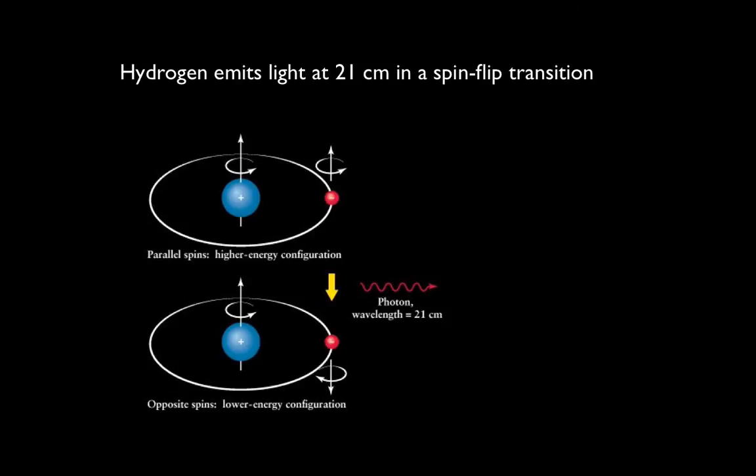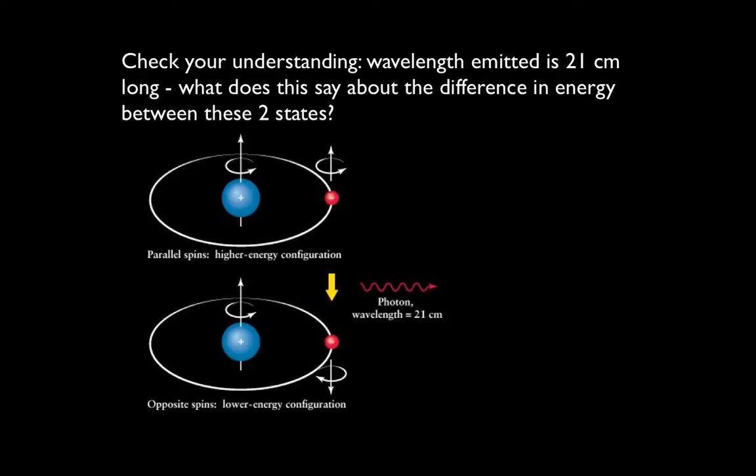So if that wavelength emitted is 21 centimeters long, what does this say about the difference in energy between these two states? Remember, the wavelength of visible light is between 400 and 700 nanometers long, whereas this wavelength is 21 centimeters long.